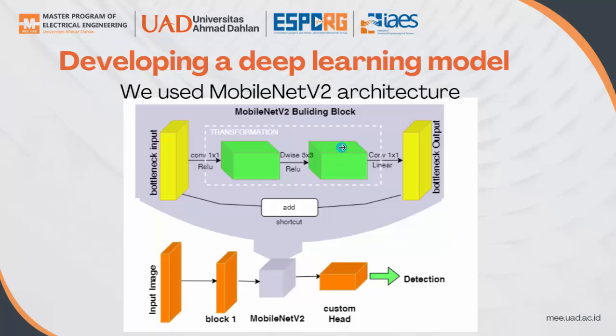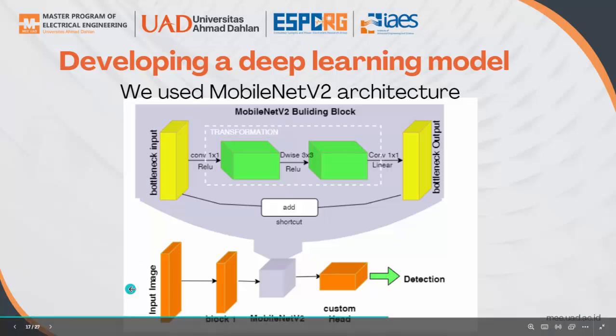Now we're going to develop our deep learning model. We use a MobileNet v2 architecture, as MobileNet v2 is a good choice for training our model. The model consists of the input image and block 1. The main part of our project is MobileNet and the custom head.